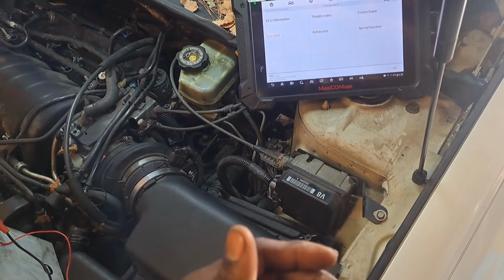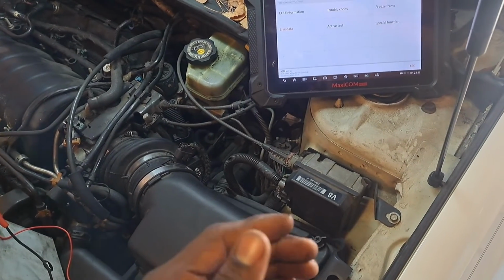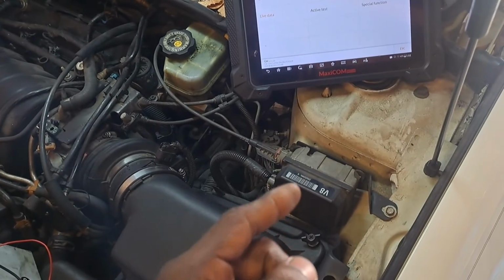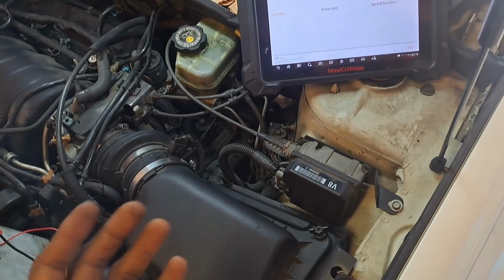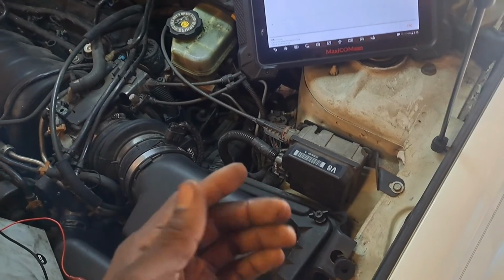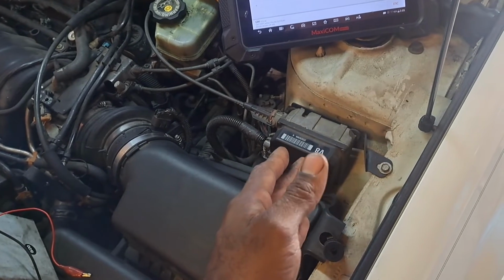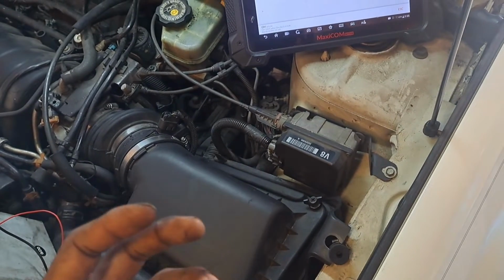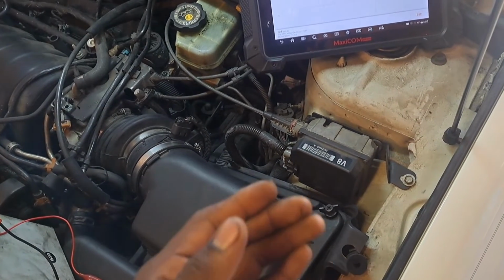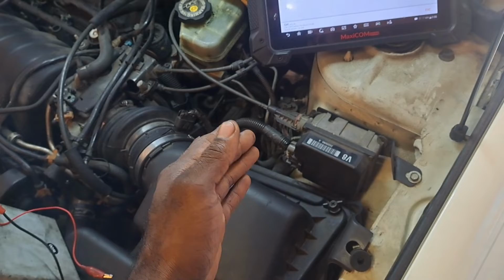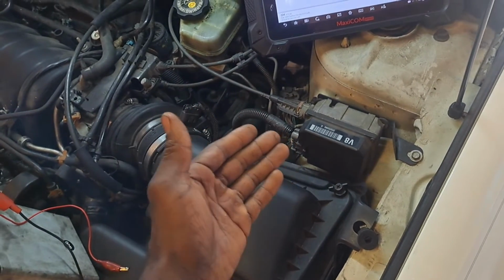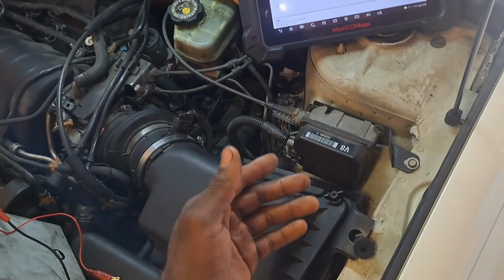Since this doesn't have any bidirectional capabilities, we can't go into the computer system and analyze its functionality, what's happening and what's not happening, like we usually do with a computerized module that doesn't have any mechanical actuation, where it's electronically controlled.